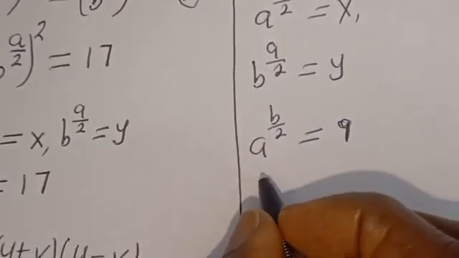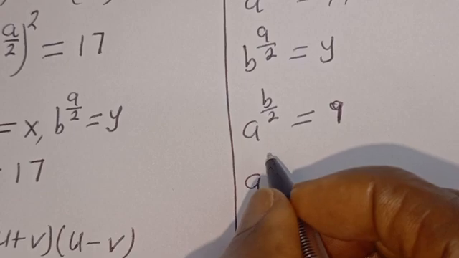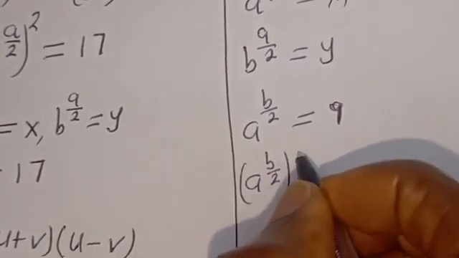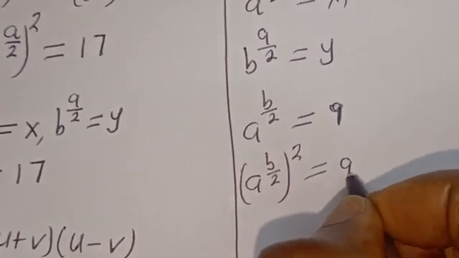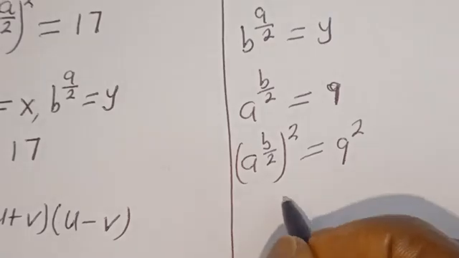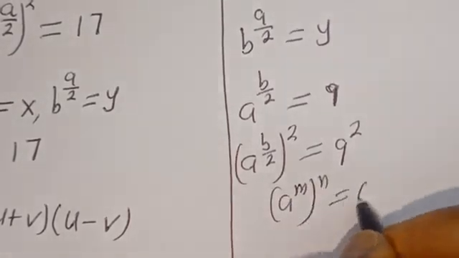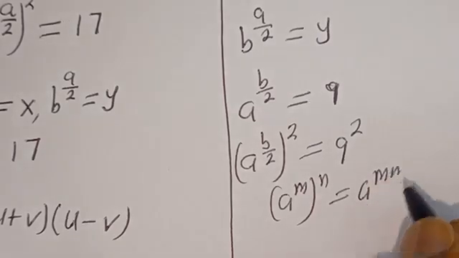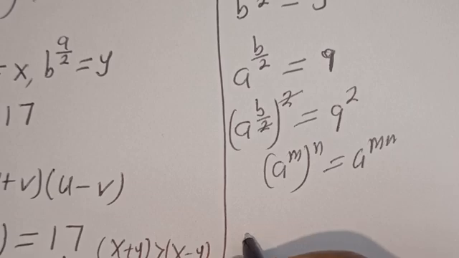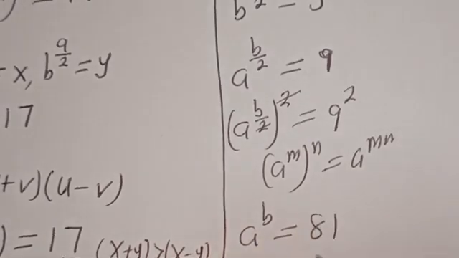We have a to the power of b divided by 2 all squared is equal to 9 squared. Take note that a to the power of m to the power of n is equal to a to the power of mn, so the 2s will cancel. We have a to the power of b is equal to 9 squared, that is 81.